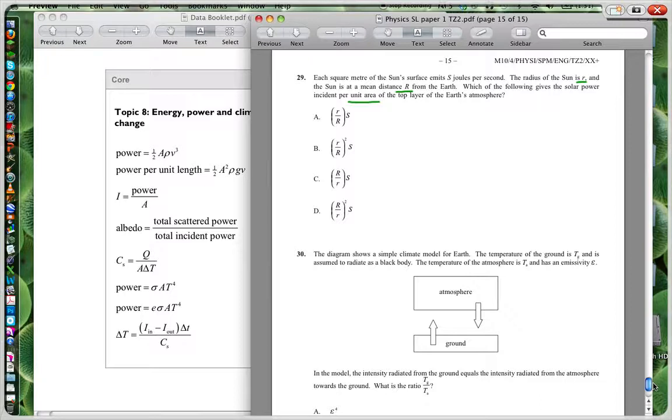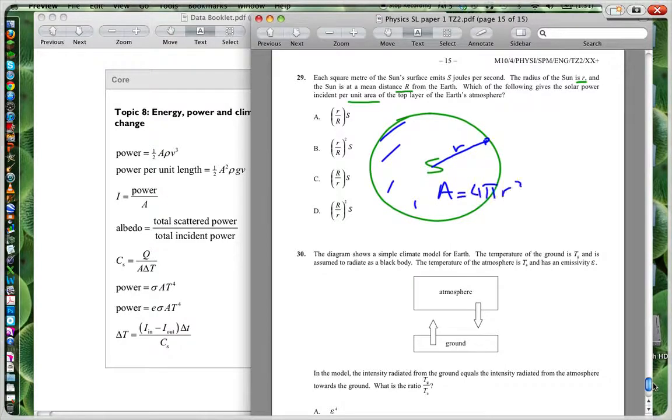Okay, so in looking at this, we need to know firstly what is the total power that is being emitted from the sun. So this is the sun. It's got a radius r, and therefore the total area of the sun would equal 4 pi r squared. You need to remember that formula, the surface area of a sphere.